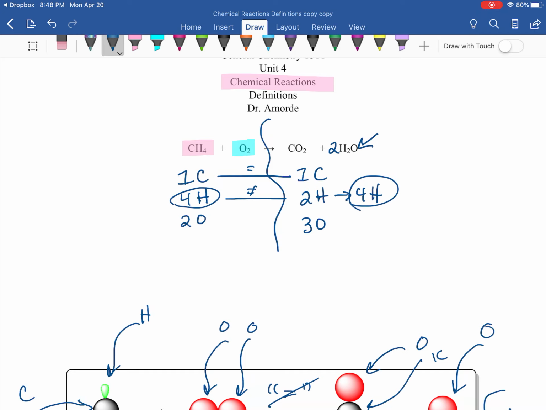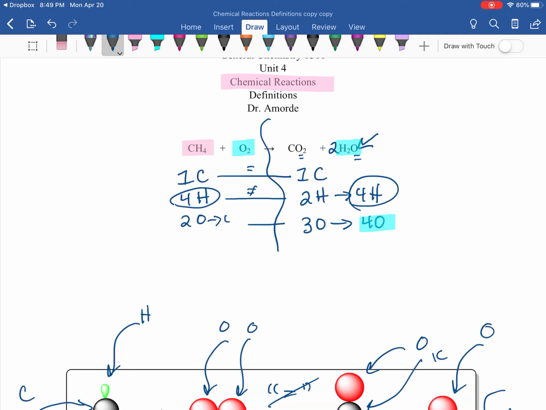Okay, but that's not H2 by itself. You have an oxygen there. So you now just multiply that oxygen times 2. So how many oxygens do you have now? Now you have 4. Okay, you've got 1, 2, 3, 4. So don't forget to do this part. Remember, that's not by itself. You've got to include the oxygen.